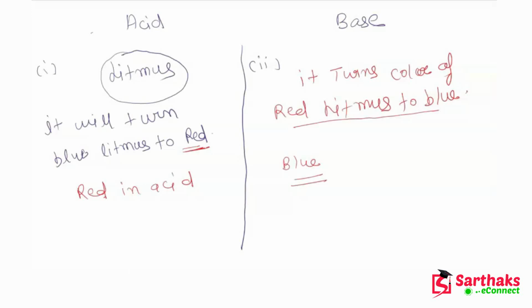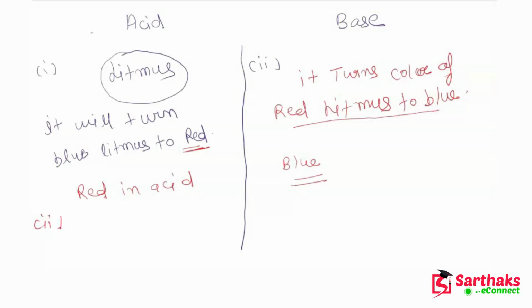Okay, so guys, if I tell you the definition of an acid, then what will be the definition? Acids are the chemicals which, when dissolved in water, form H plus ion. Let me write it here.